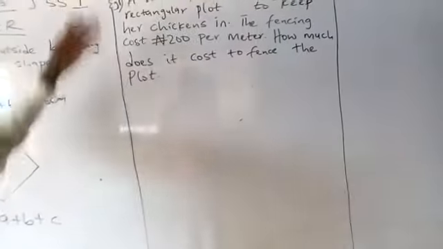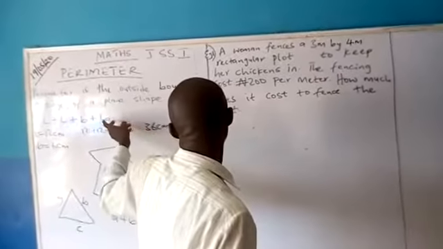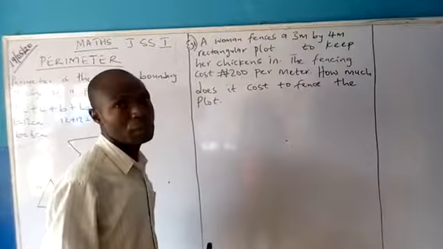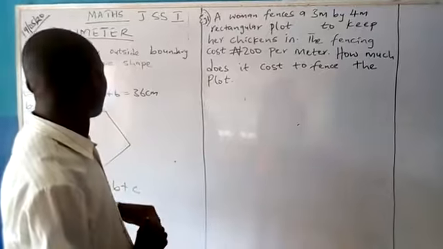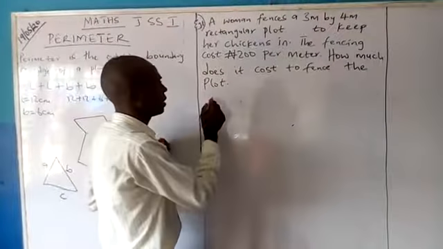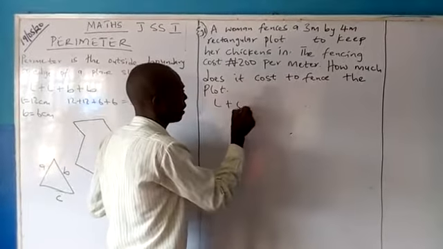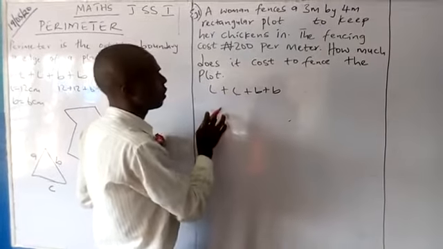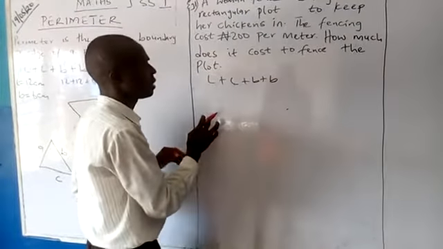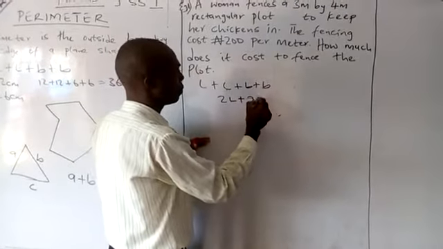Now, if you can recall from our first example, I told us how we can find the perimeter of this board. This board is a rectangular shape. From what I gave us, I said L plus L plus B plus B. We can simplify this: 2L plus 2B.